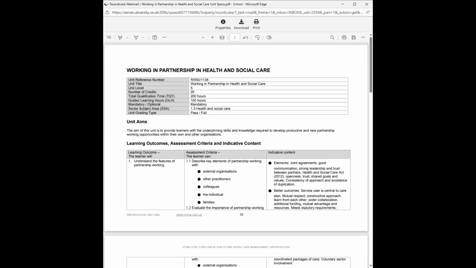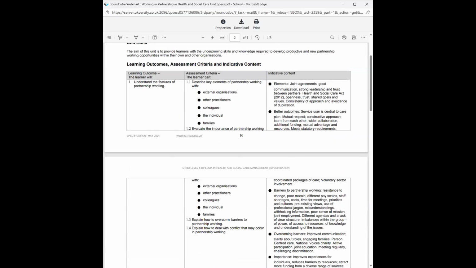It looks at elements such as external organizations and understanding the difference between partnerships and partnership working.